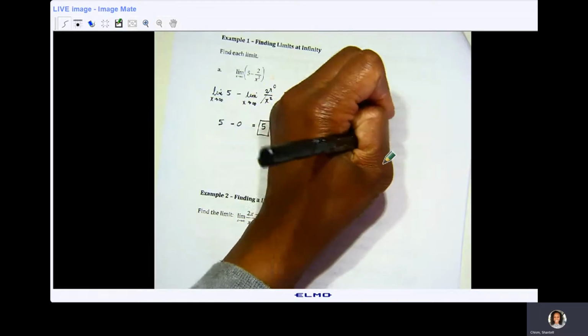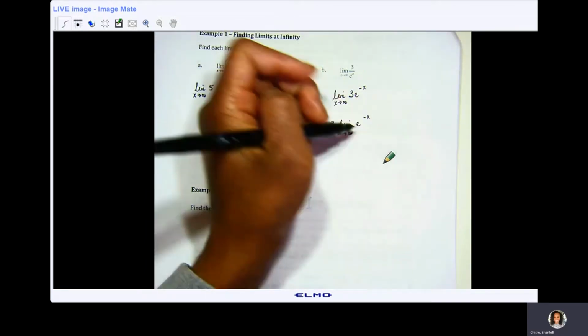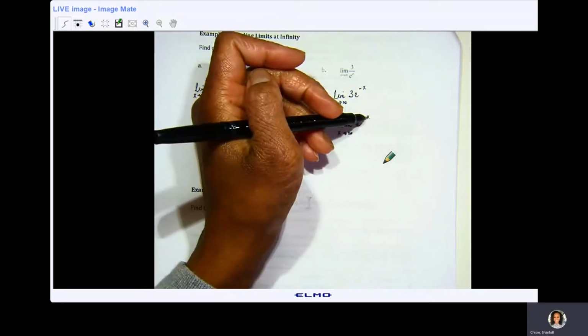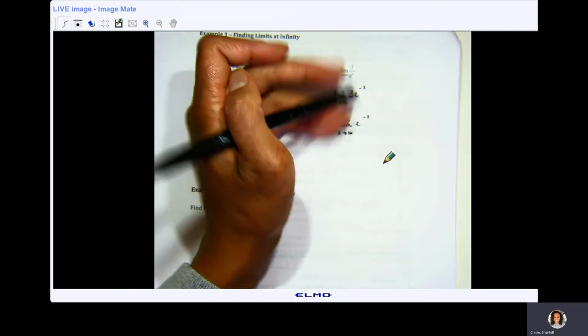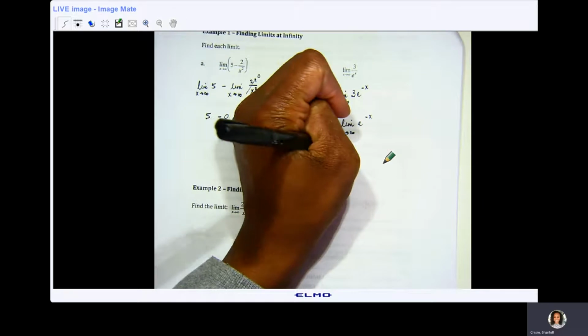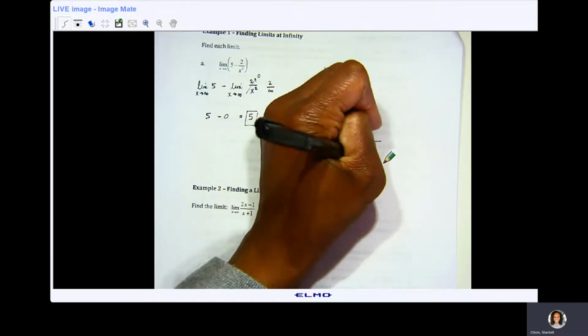And then we want to evaluate the limit as x approaches infinity of e to the negative x. So as x gets bigger, as we plug in bigger and bigger numbers here, e to the negative x heads towards 0. So this would be 3 times 0, which is just 0.